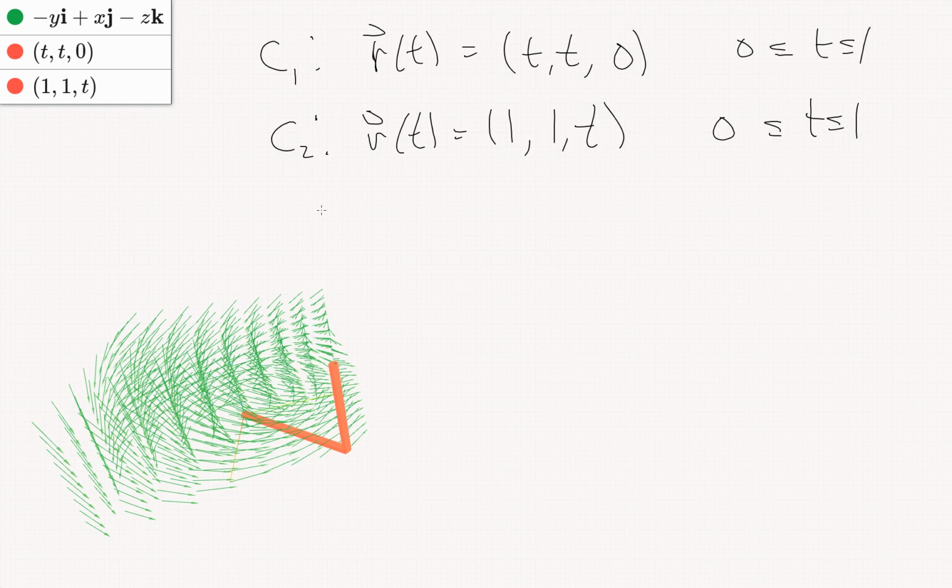Now, the work will be the integral over C of F dot dr.